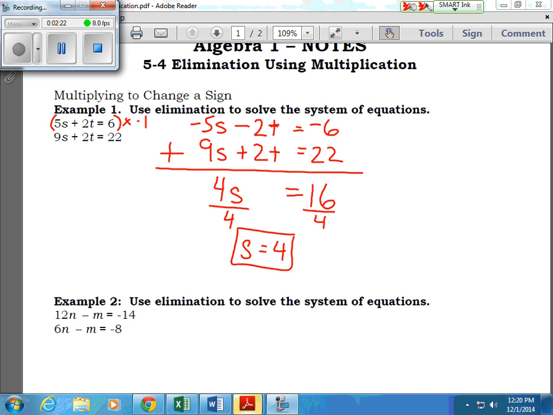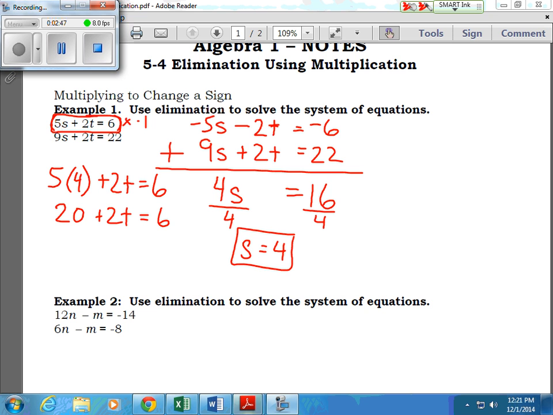So now that I know that s is 4, I can plug it back into either one of the two equations. I'll use the 5s plus 2t equals 6. And put 5 times 4, that's what I found for s, plus 2t equals 6. That would be 20 plus 2t equals 6.